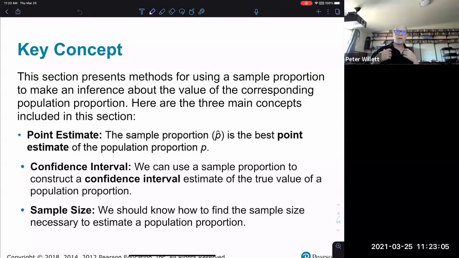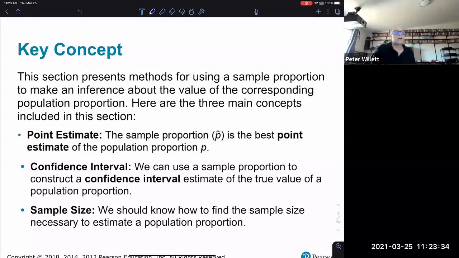So if I wanted to just give a value to approximate or estimate the proportion of students at DVC that call themselves Democrats, the best way to do that would be to take as large a sample as I possibly feasibly could, and then look at the proportion of my sample that labeled themselves as Democrats and make that sample proportion the estimate for what the overall proportion would be.